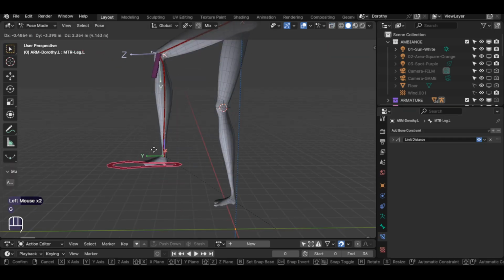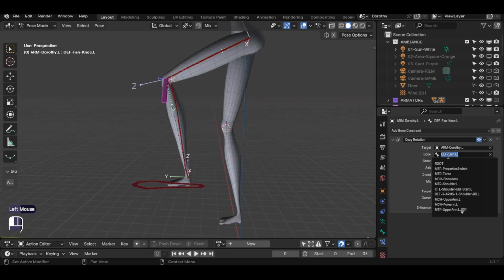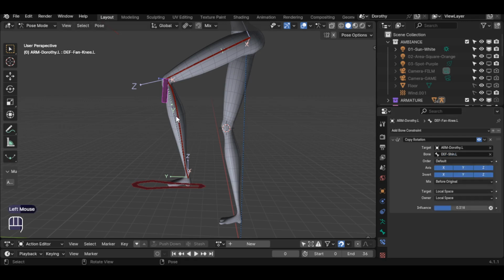Then in pose mode, we can see that the fan bone has only one bone constraint. It's a copy rotation with the following settings. It targets the deform shin bone, which is its parent, on all the rotation axes, but it will invert all those rotations on all axes simultaneously, to a certain degree of influence.